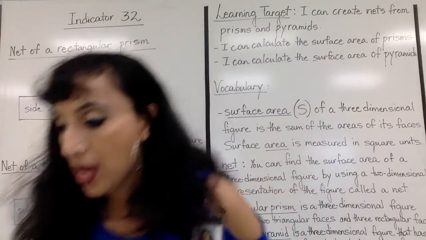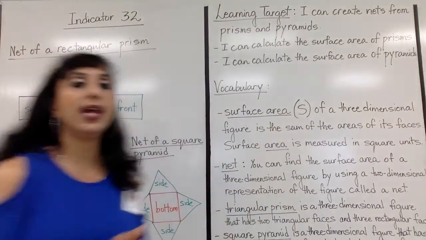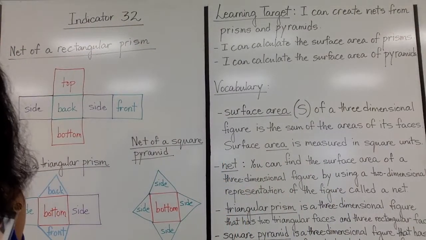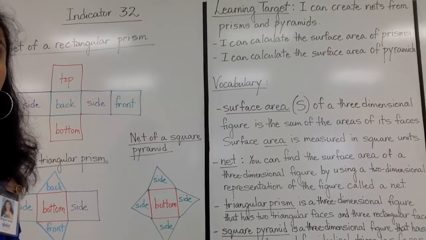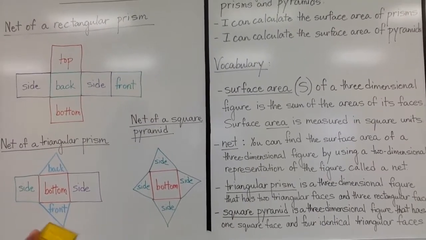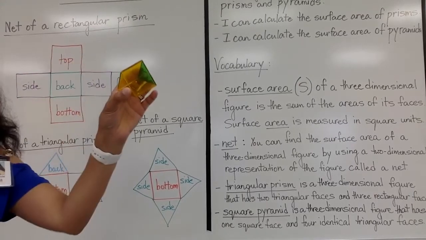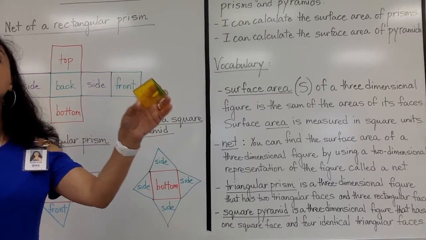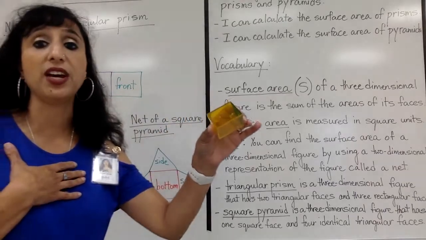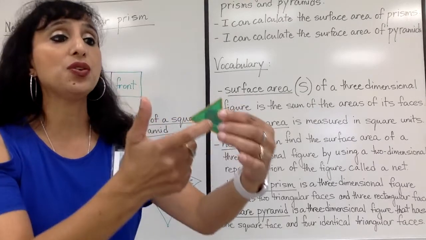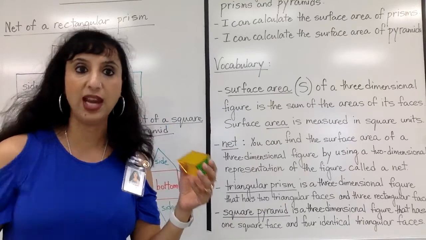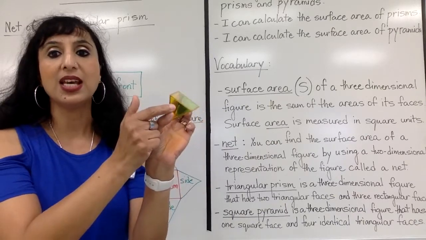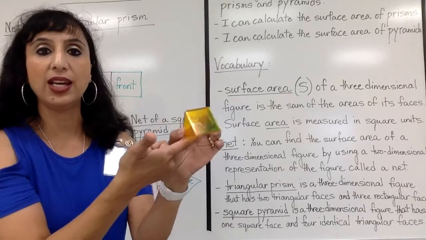All right, now let's go ahead and look at the nets. If I was to open up a triangular prism, so you can see what it's saying. A triangular prism is a three-dimensional figure that has 2 triangular faces. Remember, in 3D shapes, it's got its faces, okay? So 2 triangular faces and 3 rectangular faces.